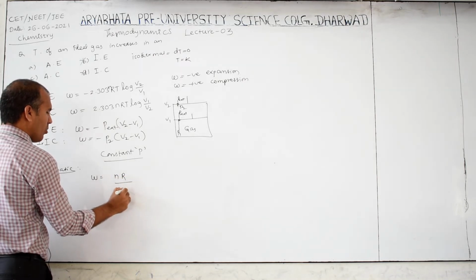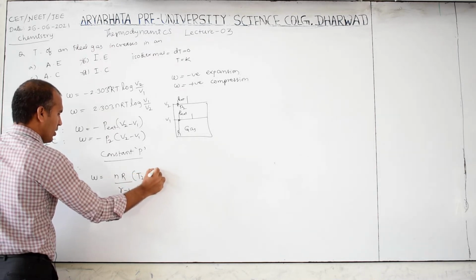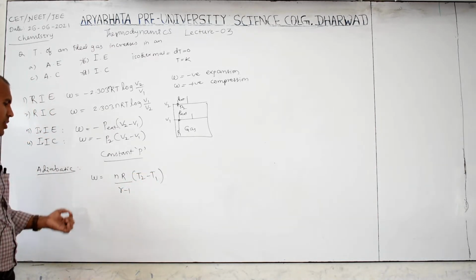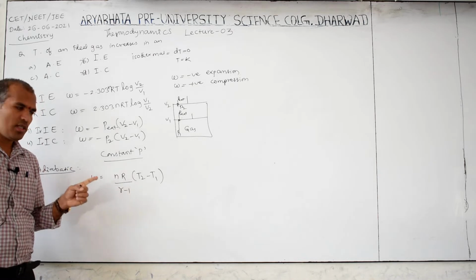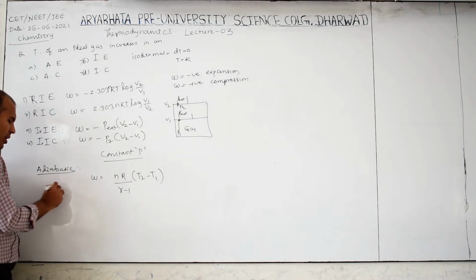NR by gamma minus 1 into T2 minus T1. This is a formula applicable for both reversible and irreversible adiabatic processes.